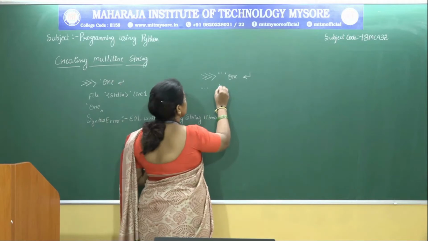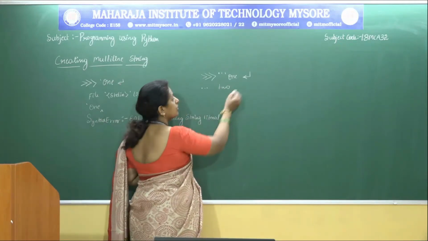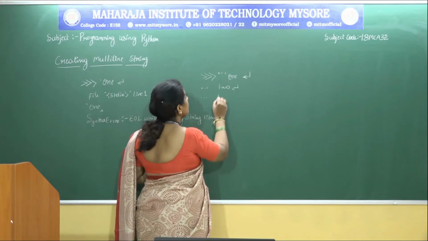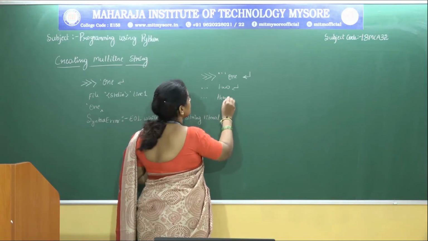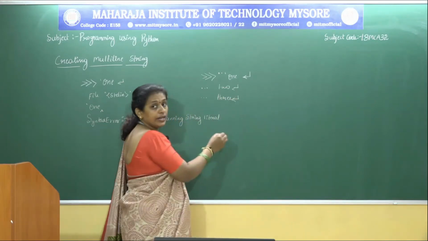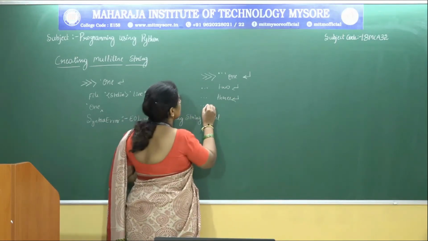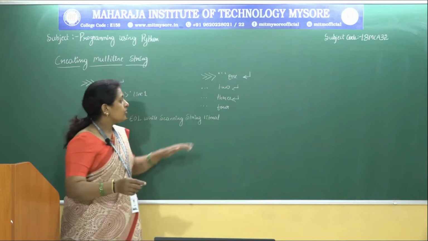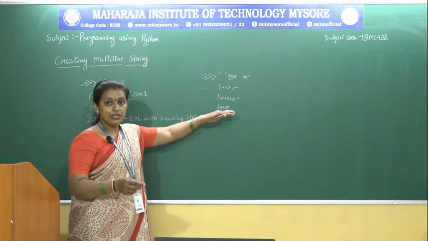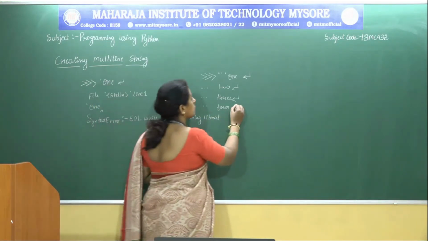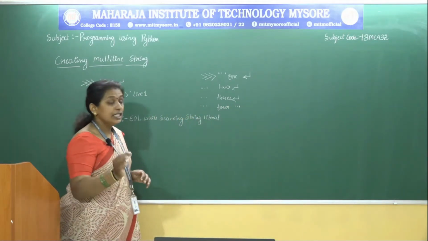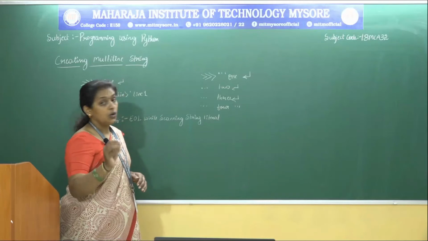Like that I type 1, press enter, then write 2, then 3, then 4. Then I stop here, because I need to close the triple quotes.